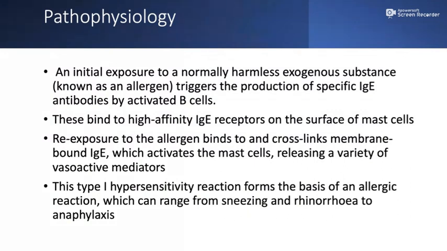These B cells will produce IgE against this. These IgE will bind to high affinity receptors on the mast cells. On re-exposure to the allergens, these allergens will bind and cross-link the membrane-bound IgE.